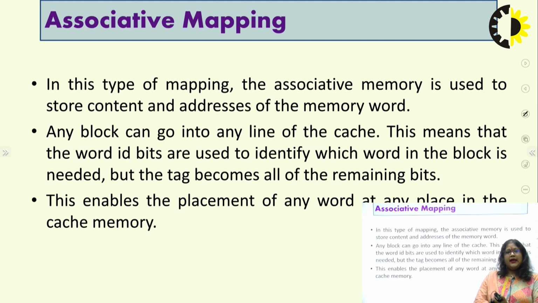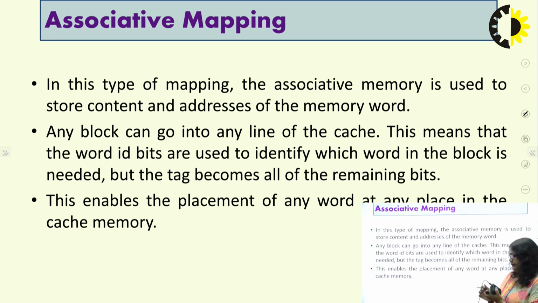But we don't want to fix the location. So the associative mapping solves the problem that arises in the direct mapping. In this mapping, we don't restrict the location for transferring from the main memory to the cache memory. That location is not fixed.